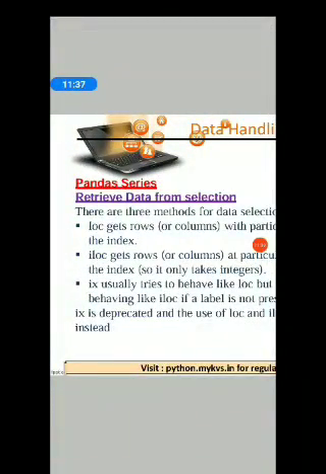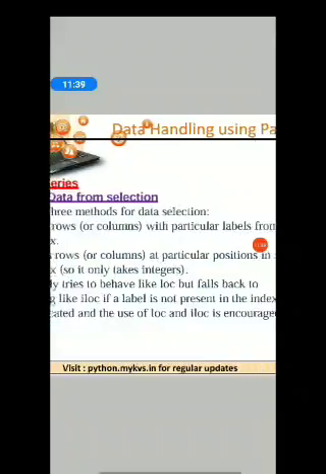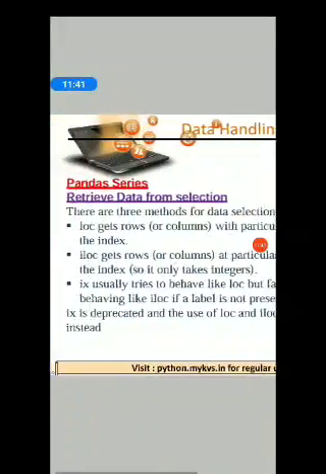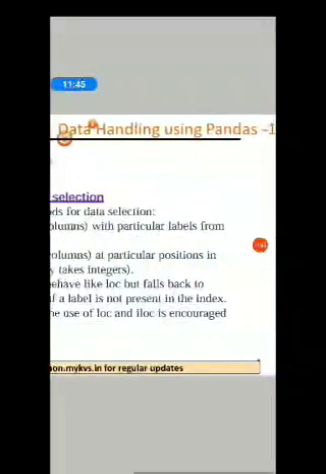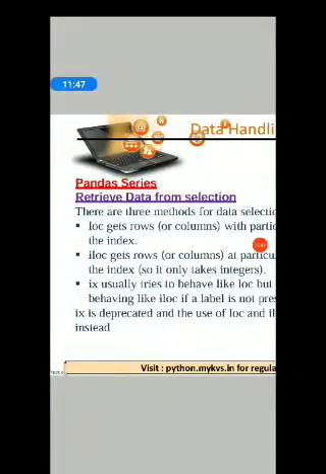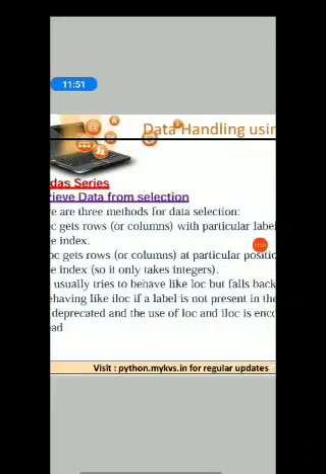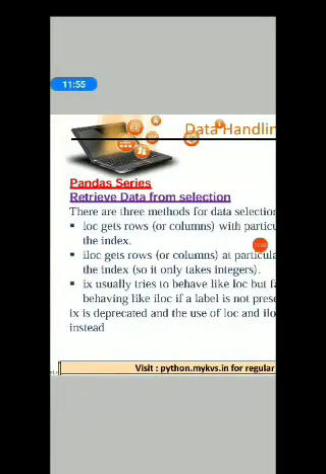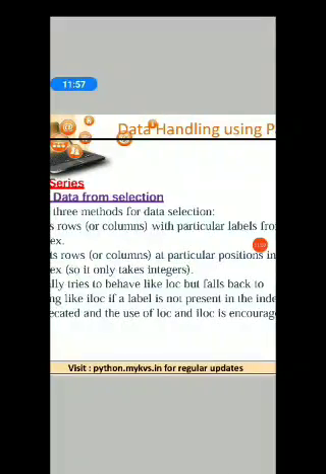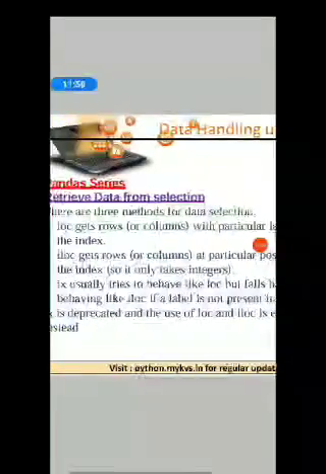So LOC gets rows or columns with particular levels from the index, and ILOC gets rows or columns at particular positions in the index, so it only takes integers. And IX usually tries to behave like LOC but falls back to behaving like ILOC if a level is not present in the index.